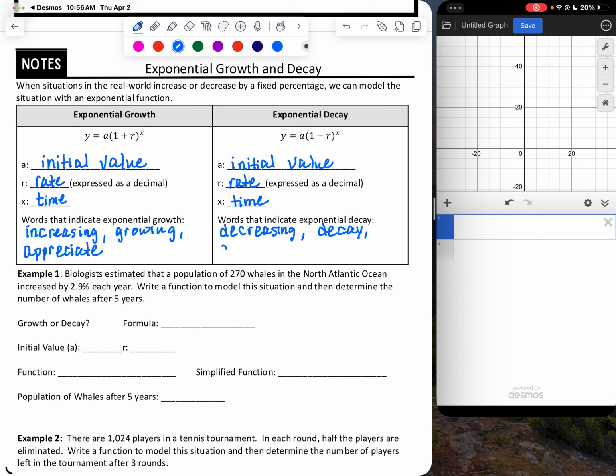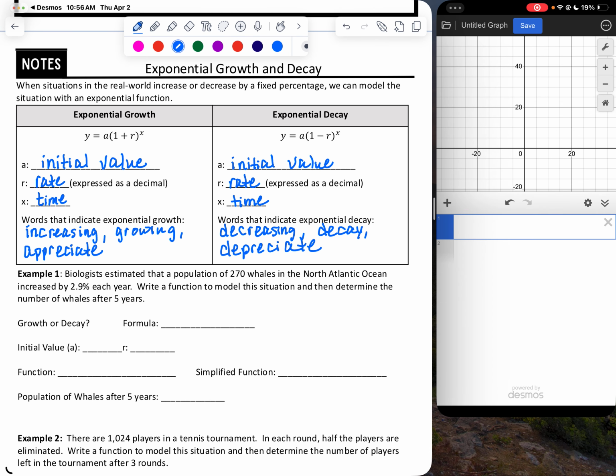You can also see the word depreciate. For instance, when you buy a car, cars depreciate in value over time. So when you buy a car for $20,000, in 2 years it might be only worth $15,000. In other words, it depreciated.